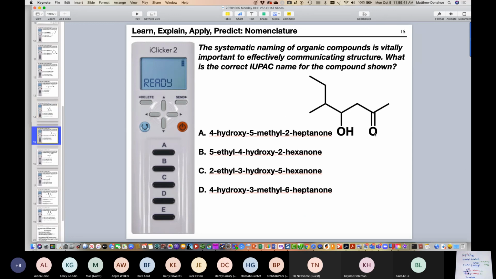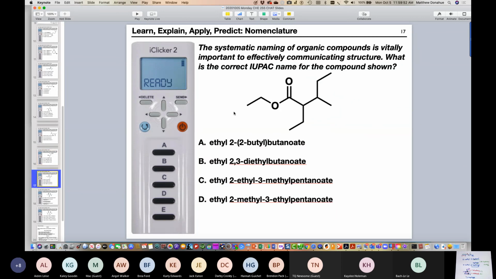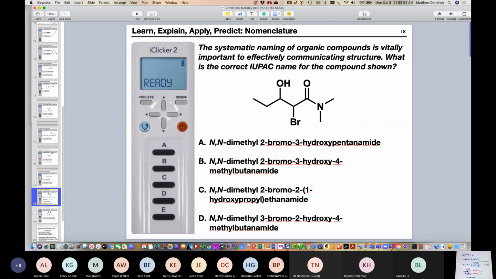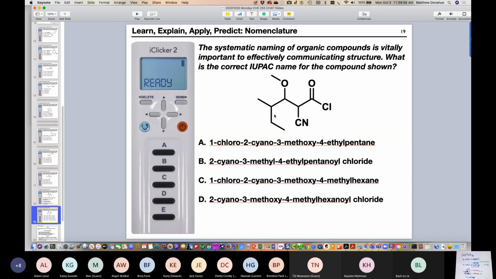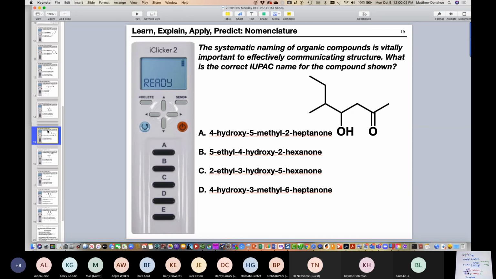There's a ketone. Now you have more than one functional group present. So which one takes priority? Well, again, we'll review that. Then we'll go to the acid, the ester, the amide, and the acid chloride. So we'll talk about those priority groups on Wednesday.